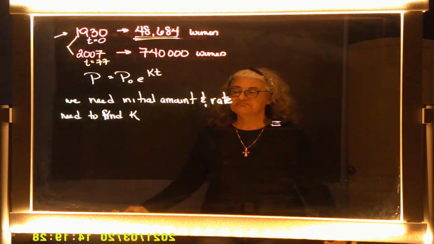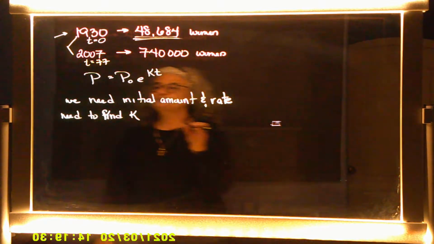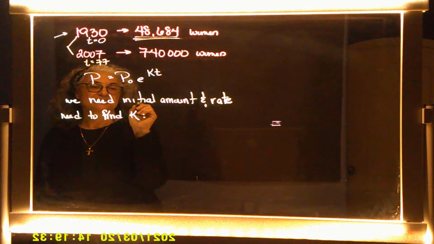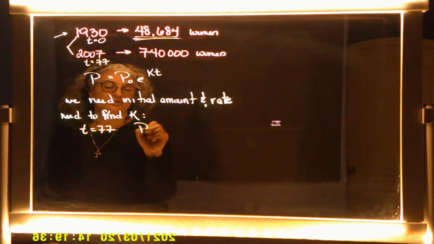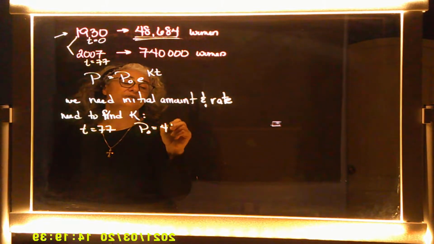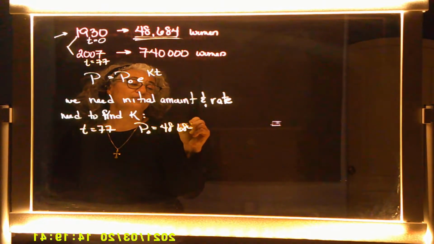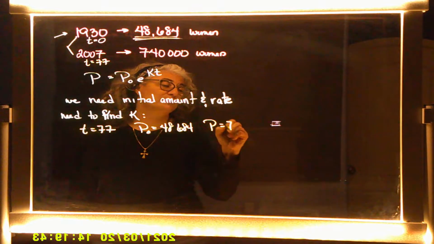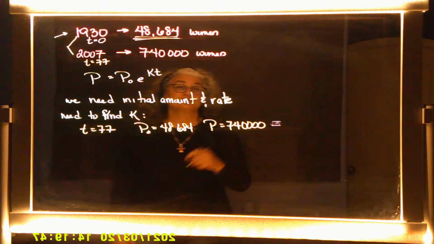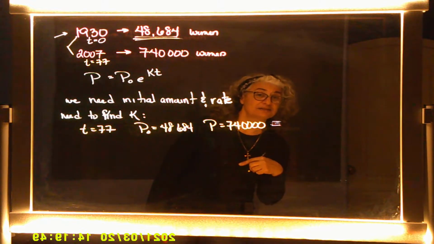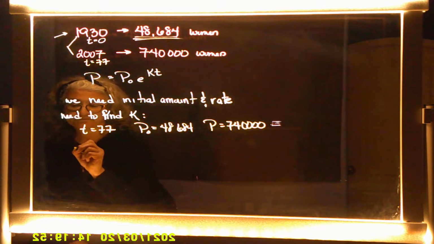Good? Okay, so now, since we need to find K, we know the time is 77. We know the initial amount was the 48,684. And we know the ending amount was the 740,000. So, ready to plug it all in? Loving it.